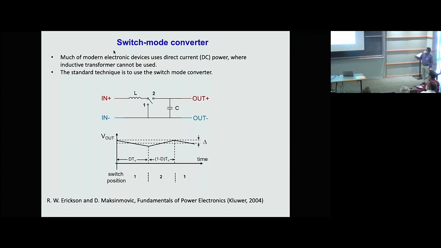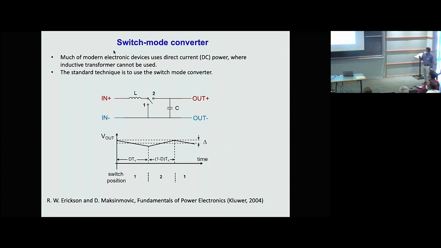Instead, the standard way of doing so is something called a switch mode converter. And this is basically how the circuit diagram looks, where you have a switch here, and you vary the switch as a function of time so that you periodically charge and discharge the capacitor, and the stored energy there is then transformed into a voltage boost.